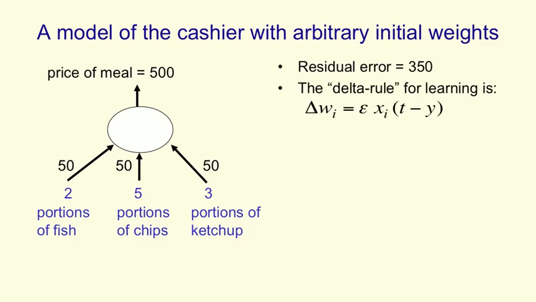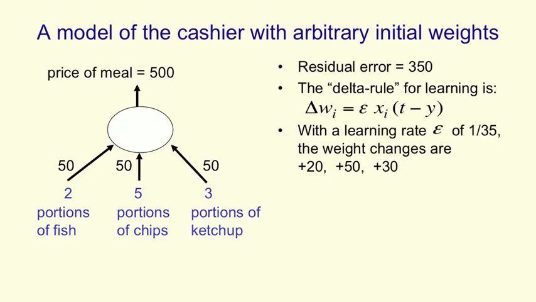We're then going to use the delta rule for revising our prices of portions. We make the change in a weight, delta Wi, equal to a learning rate, epsilon, times the number of portions of the ith thing, times the residual error, the difference between the target and our estimate.